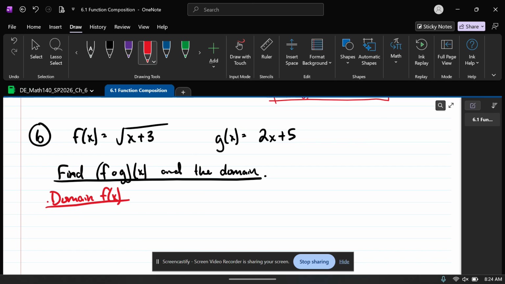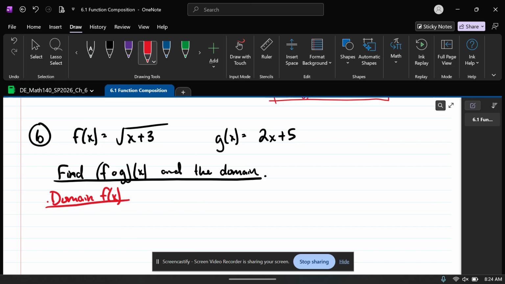So, is there a red flag on the f of x? Yes. How do we deal with that? How do we find the domain there? Been a minute. This is chapter 3 stuff. Got a square root, got x plus 3 inside of there.